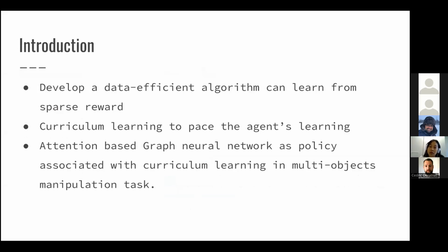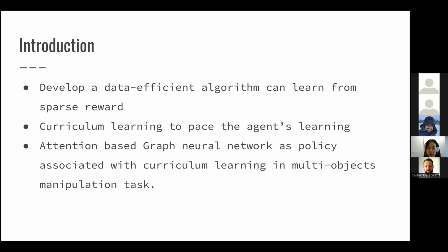First is the introduction. This paper is trying to develop a data efficient algorithm that can learn from the sparse reward. So it tries to use curriculum learning to pace the agent's learning. But with curriculum learning, they need some good inductive bias.